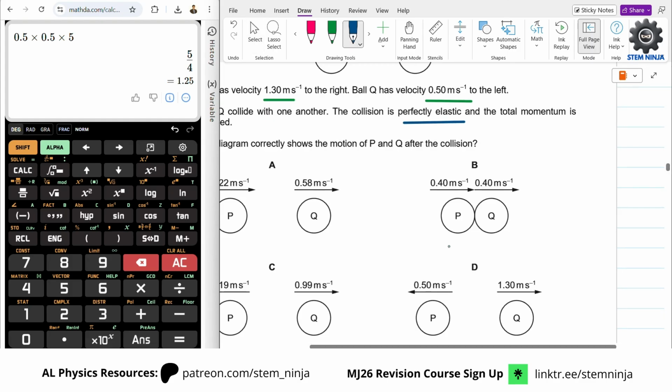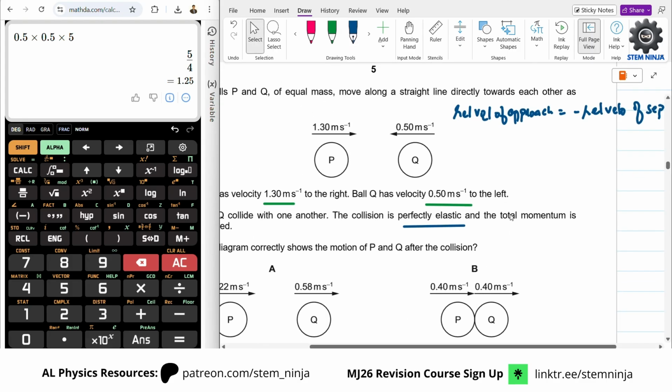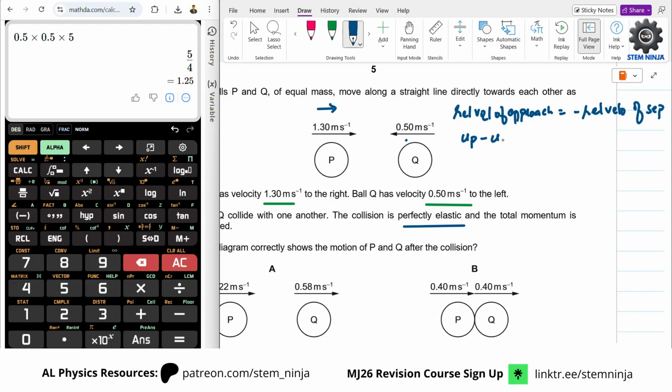So as you can see, this would be D, but just to show you that this is the correct one: if we take this direction to be positive, we will write Vp minus Vq, the relative velocity between the two. So this is 1.3 minus 0.5, which is going to be 1.8. And this will turn out to be Vq minus Vp. Now notice Vq minus Vp is the relative velocity of separation, but this is in the opposite direction.